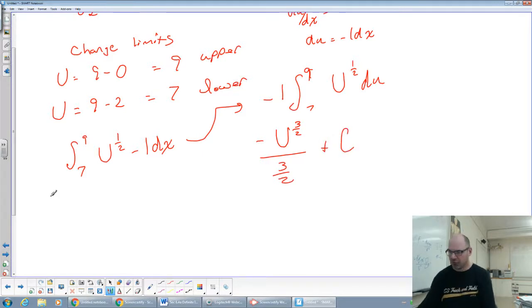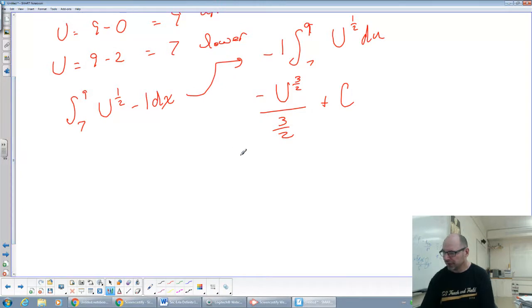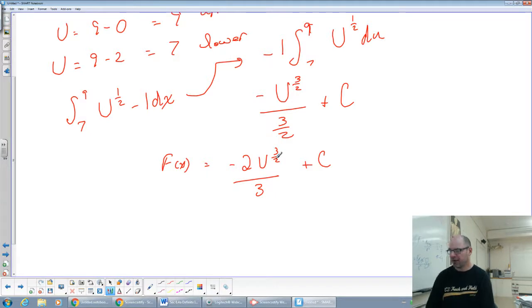If we want to use multiplication because it's easier on us, we can convert that to say capital F of x equals, flipping this over, negative 2u to the 3/2 over 3 plus c. Just flipping that over when we're dividing. Then we have to do our limits here. I forgot to put 9 and 7 in here. Now we just plug them in.